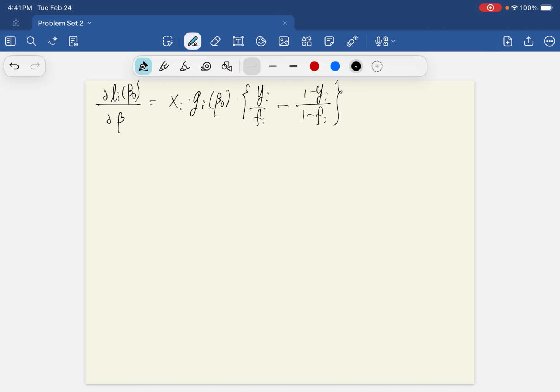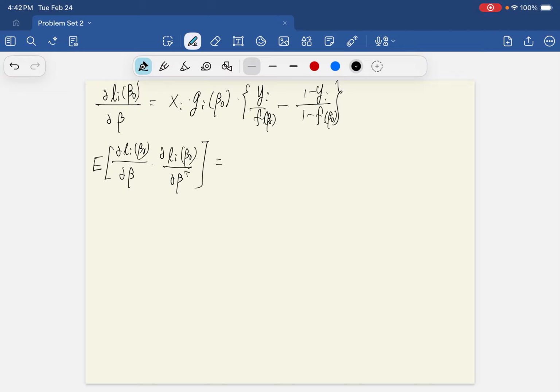This was the first order derivative, right? Of course, here fi should be fi beta 0. And we are calculating the expected value of its variance. Okay, so we are going to calculate this.